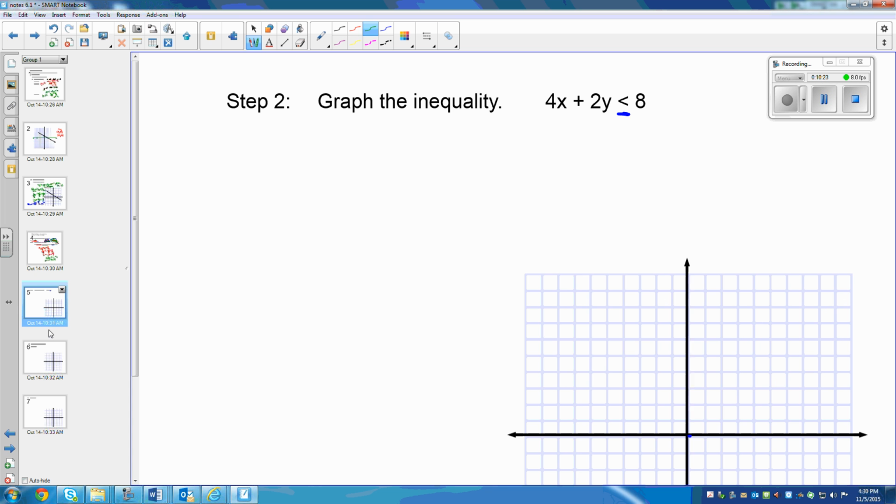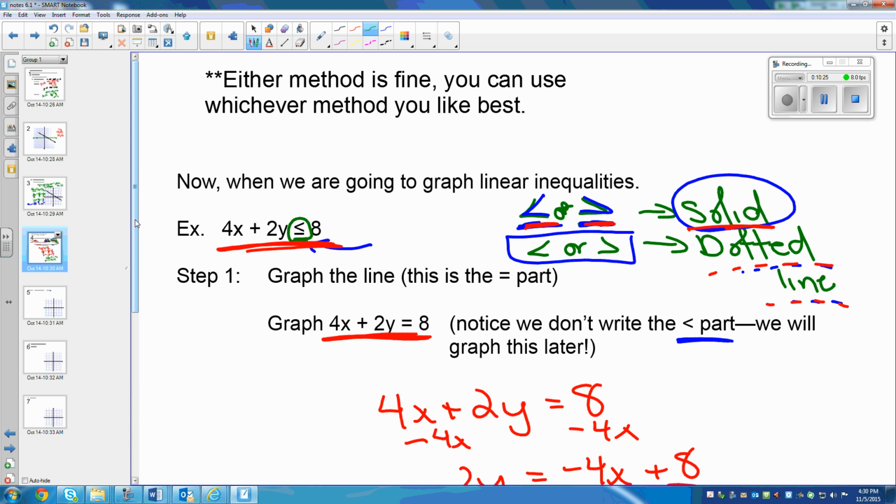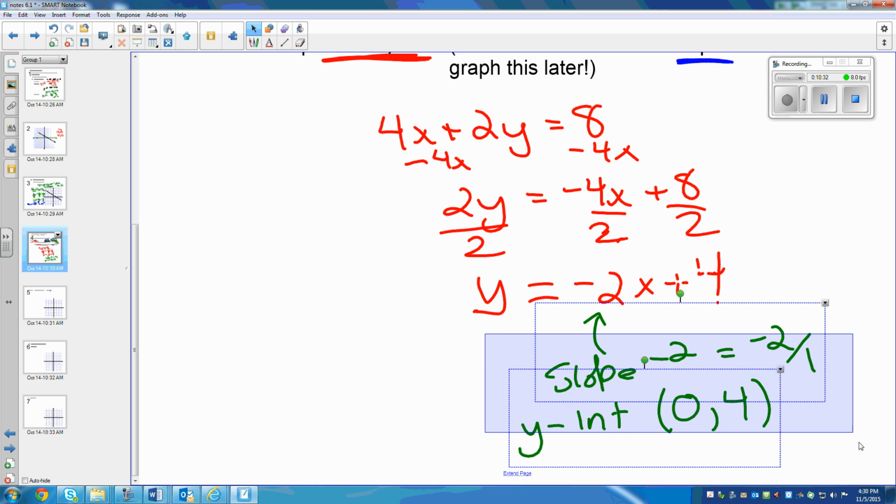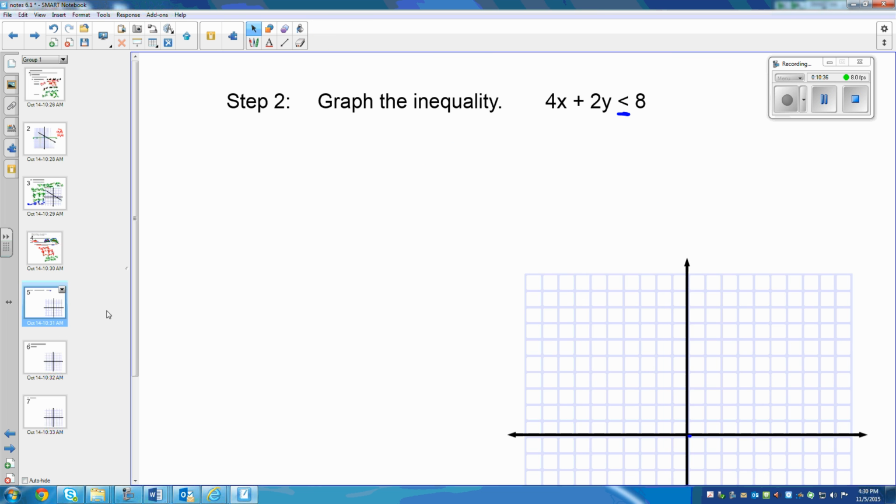Now let's go back just so I'm sure. Our y-intercept was 0, 4, and our slope was negative 2 over 1.